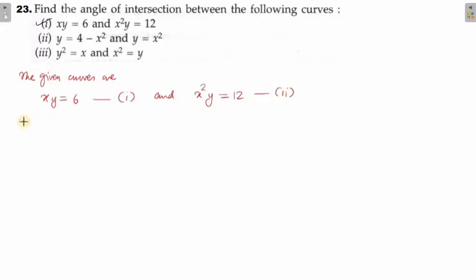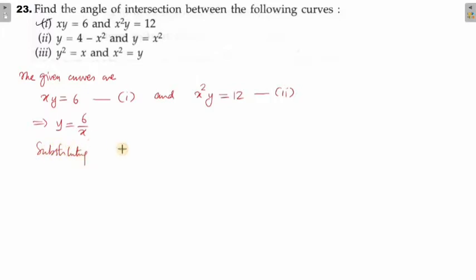First and foremost, let's find the point of intersection. For that, I'll take y equals 6 by x.